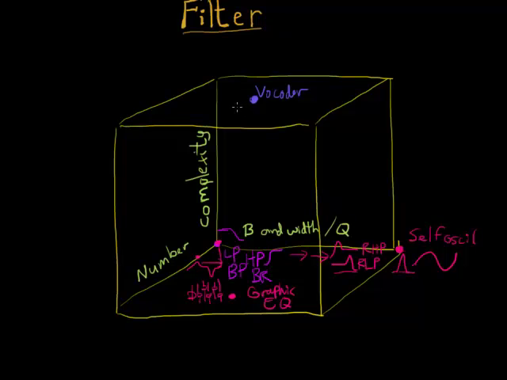And then if we look at some other tools, let's look at formant filtering. So that has a relatively fair amount of complexity to it, because you're applying different vocal formants to the signal.